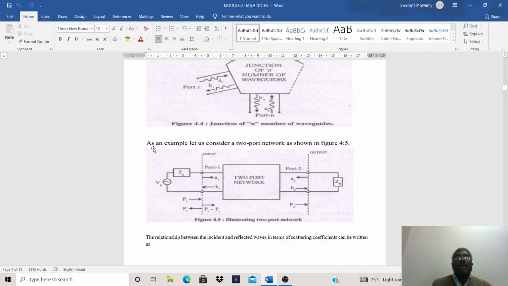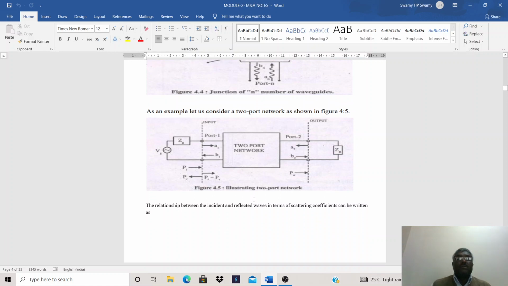Now, an example. Let us consider a two-port network as shown here. See how you are going to represent the incident and reflected waves. Port number 1 is the input port, port number 2 is the output port. Z is the input impedance, Vs is the source voltage.